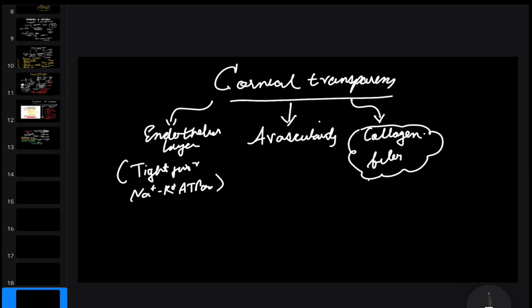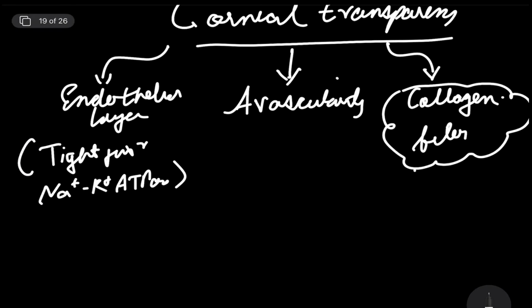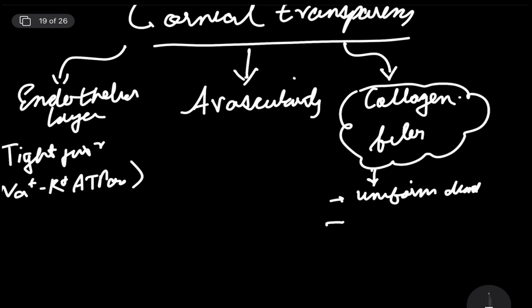First of all, the collagen fibers are uniform in their diameter. Secondly, all the collagen fibers are laid down in a very regular fashion. That is, they are equidistant from each other.